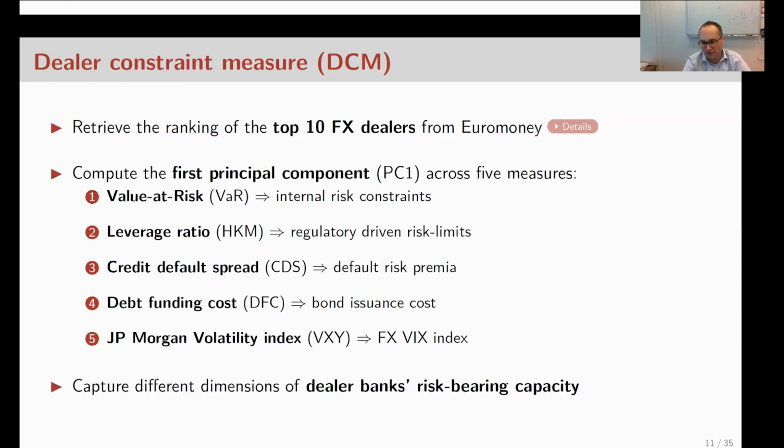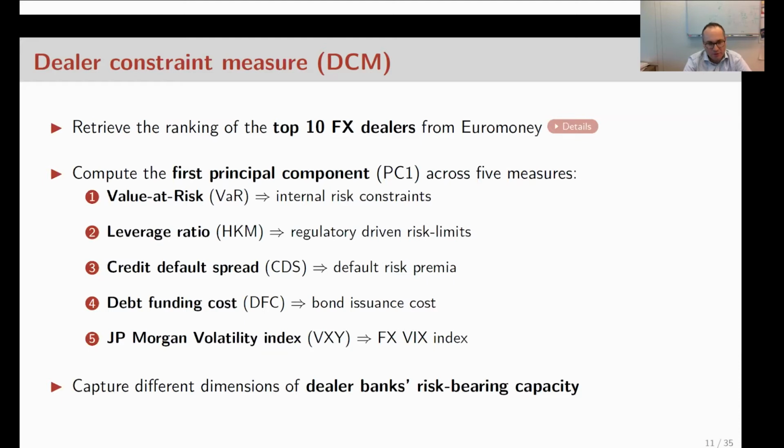These would be institutions like JP Morgan, Citibank, Barclays, etc. And for these individual institutions, we observe their value at risk, their leverage ratio, credit default premium or CDS, and we also have a measure of their debt funding cost based on bond issuance.